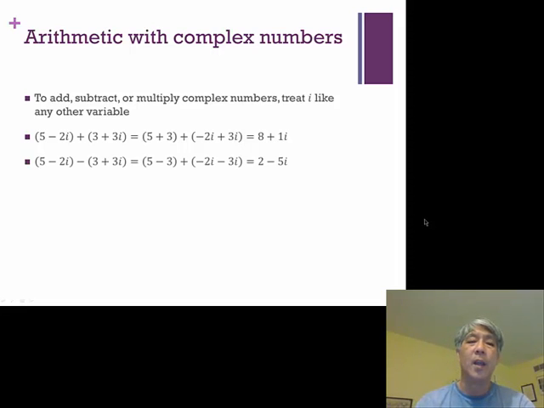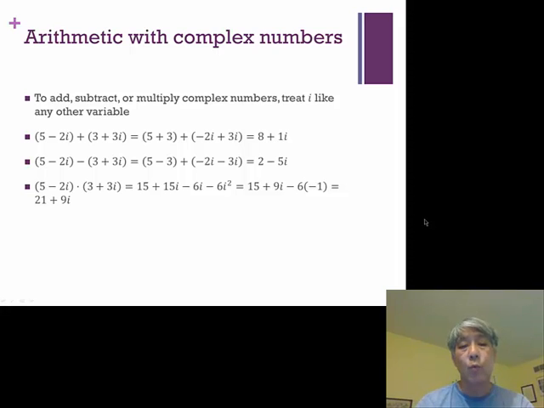Subtraction works the same way, and when it comes to multiplication, we FOIL everything out. So if I FOIL this out, I end up with 15 plus 15i minus 6i minus 6i squared. And the i squared is going to be important because, remember, we said if i is equal to the square root of -1, i squared will equal -1.